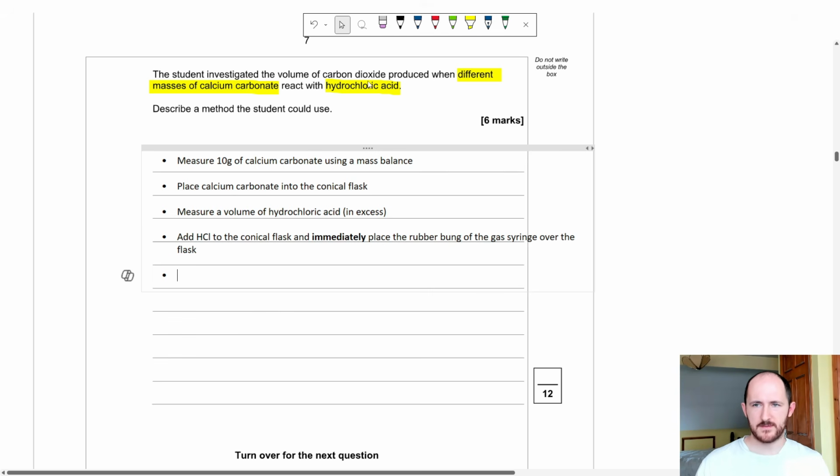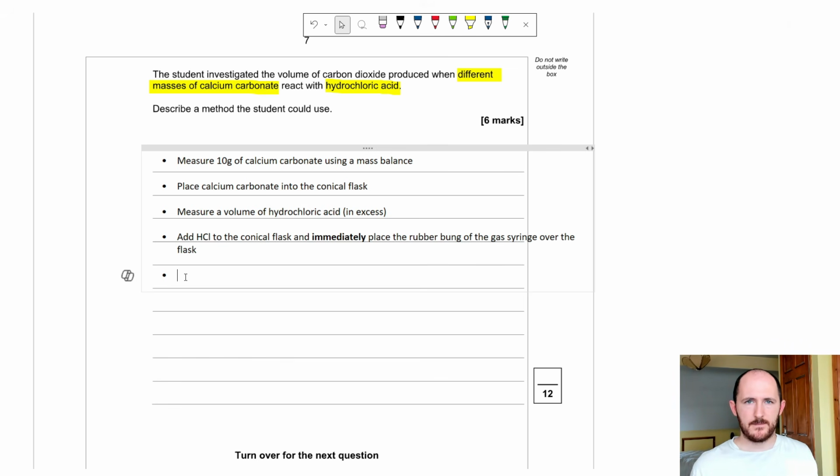No, it just says the volume of carbon dioxide produced. The important thing here is, how long do you wait? Now again, you want to wait a sufficient amount of time for the reaction to finish. And it also has to be the same amount of time every single time. Because let's say you wait 10 minutes and that isn't long enough for the whole reaction to happen. If you wait 10 minutes every single time, at least then you're not skewing the data at all.